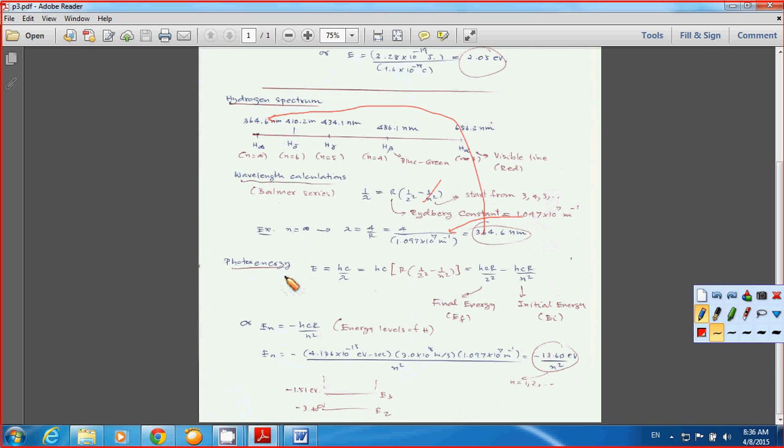And from our Balmer series equation, 1 over lambda equals R multiplied by (1 over 2 squared minus 1 over n squared), you can also find the photon energy of each light spectrum.